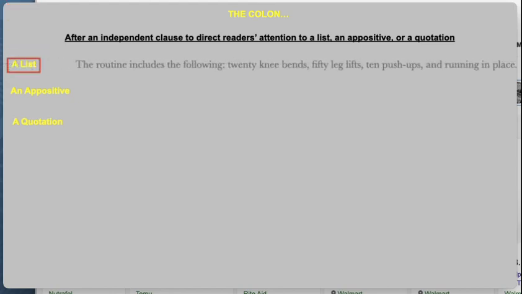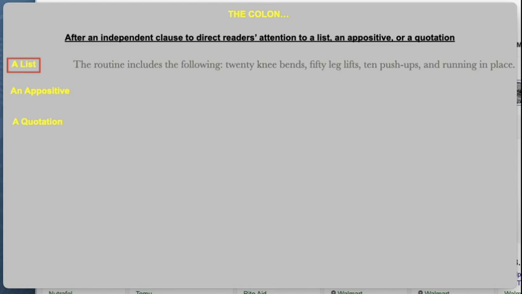Let's read the example. The routine includes the following, colon, 20 knee bends, 50 leg lifts, 10 push-ups, and running in place. When you're using the colon in this way, be sure that what introduces the list prior to the colon is a complete sentence. In this case, the routine includes the following.